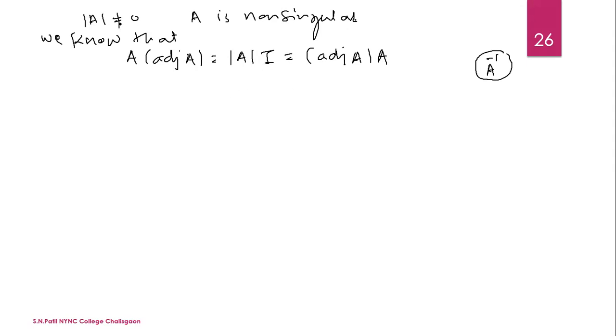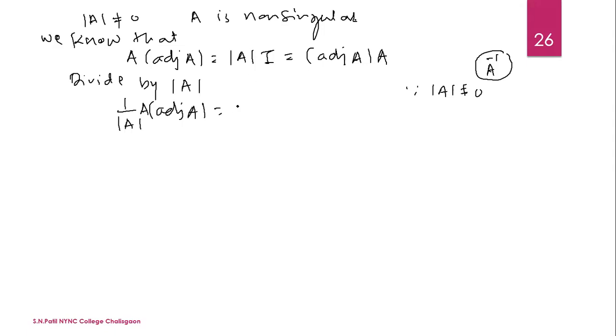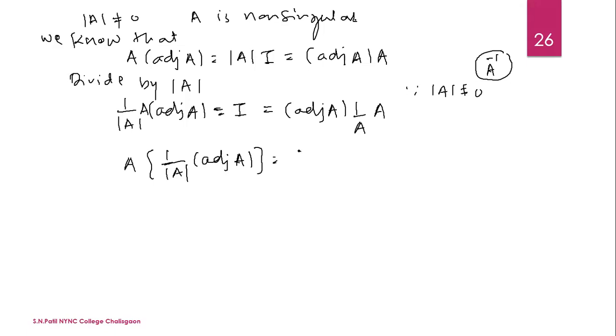Now here we consider determinant is non-zero. We divide throughout by determinant of A. Since determinant is non-zero, we get 1 upon determinant A into adjoint of A is equal to determinant upon determinant, that cancels, 1 is remaining, which means identity matrix, is equal to adjoint of A into 1 upon determinant into A. Now 1 upon determinant is a scalar value, so A into 1 upon determinant adjoint of A is equal to identity matrix.